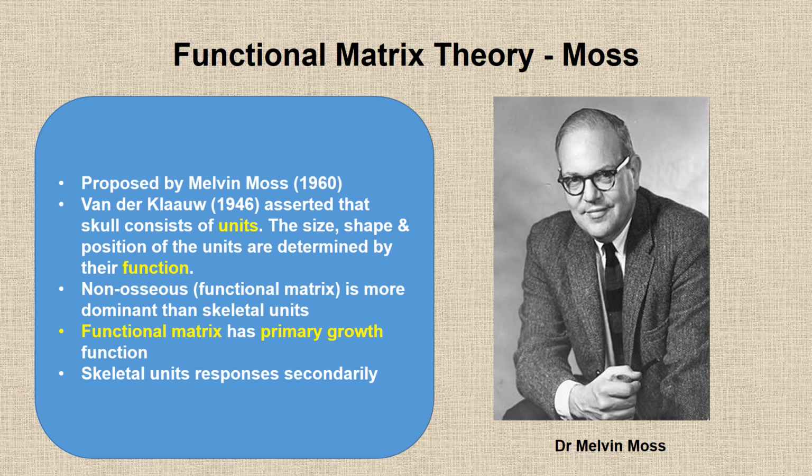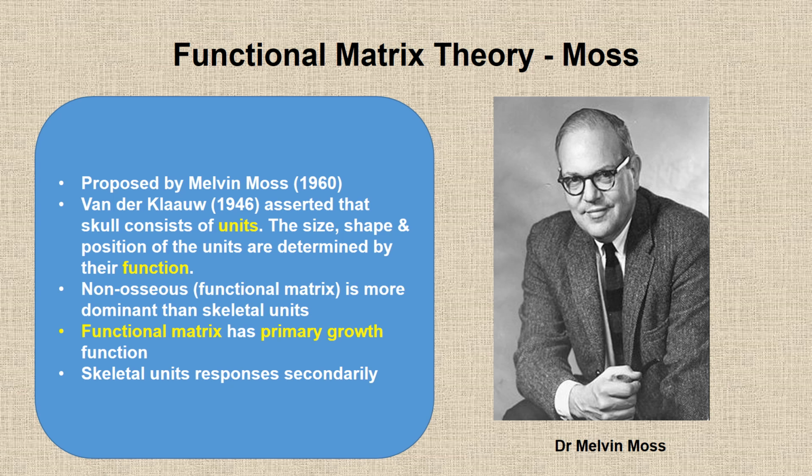Now, the functional matrix theory. This theory was put forward by Melvin Moss in the 1960s, and this is probably one of the most widely accepted theories. Now, when Van der Klaauw in 1946 asserted that the skull consists of units, the size, shape, and position of the units are determined by their function.